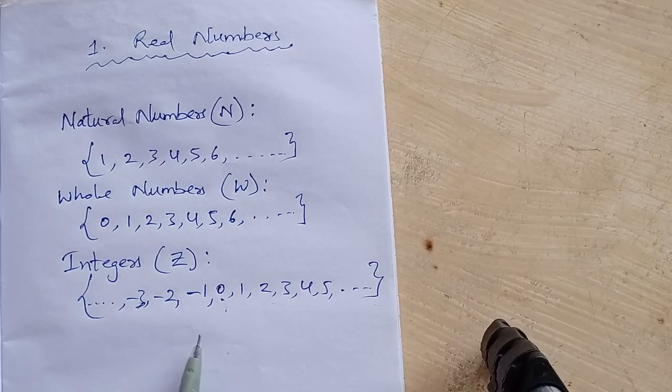So we find minus degrees temperature in polar regions and in the Himalayan region, or in the highest altitudes where the water vapor contained in the air becomes ice. We also use negative numbers in many more situations.